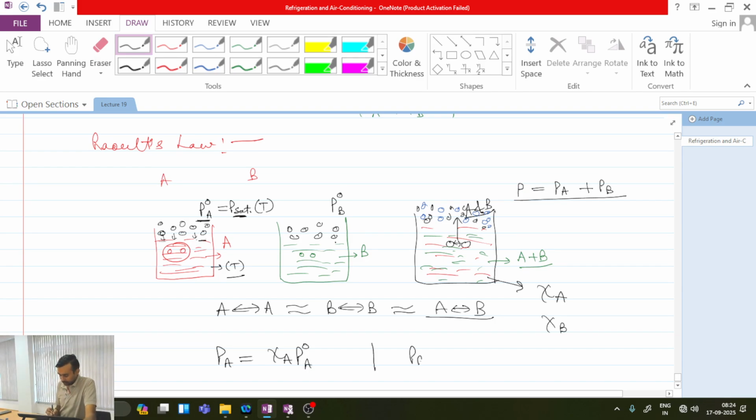Similarly, PB, the partial pressure of B, will be equal to chi B into P0B. Is this one clear? So it will depend upon the mole fraction.